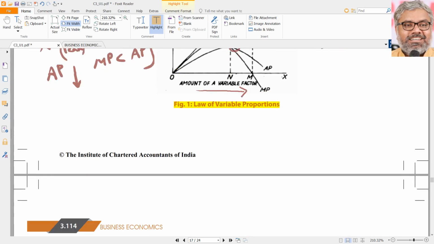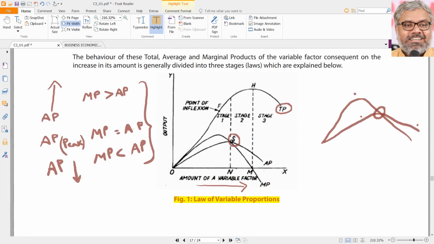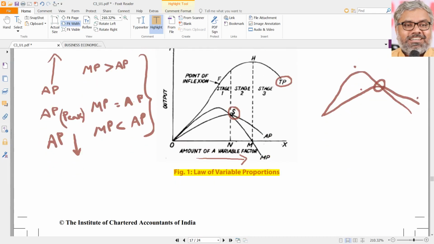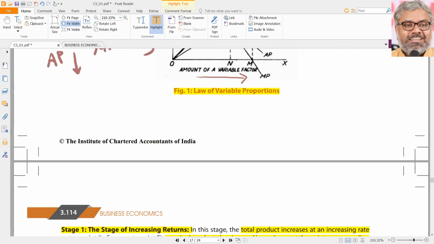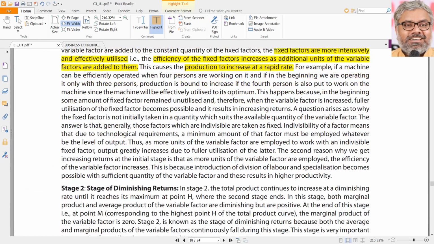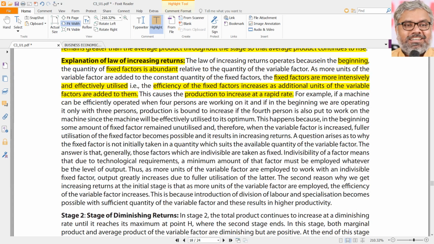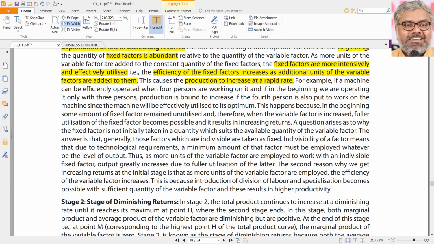So the purpose of this theory mostly is to understand what happens during this stage, during that stage, during another stage. Why it happens? Practically there will be hundreds of reasons. And just studying one paragraph given in this book does not mean these are the only reasons because of which the increasing returns will happen.